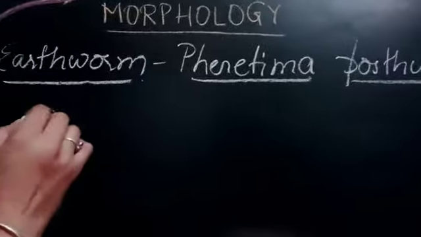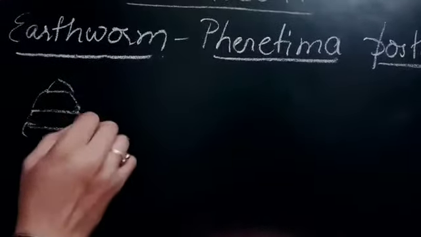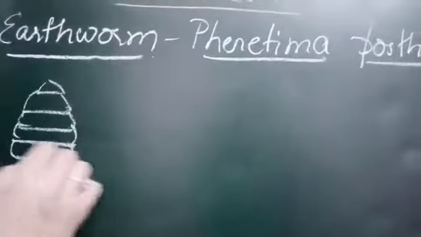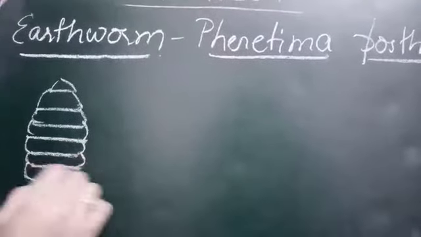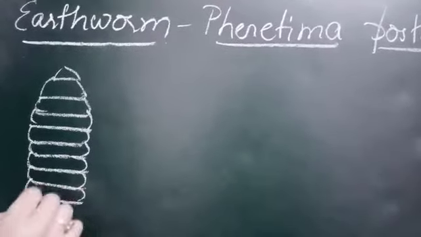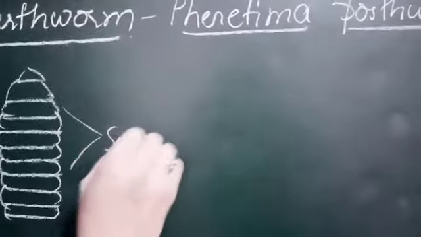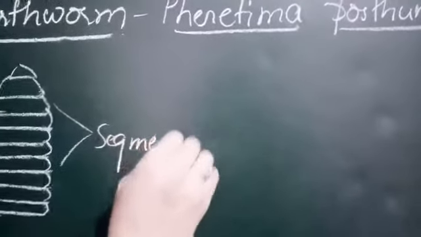The earthworm has a truly segmented body. Just see how I'm making the ring-like segments. These ring-like segments are countable in these organisms, so true metamerism is there. These are the different segments.